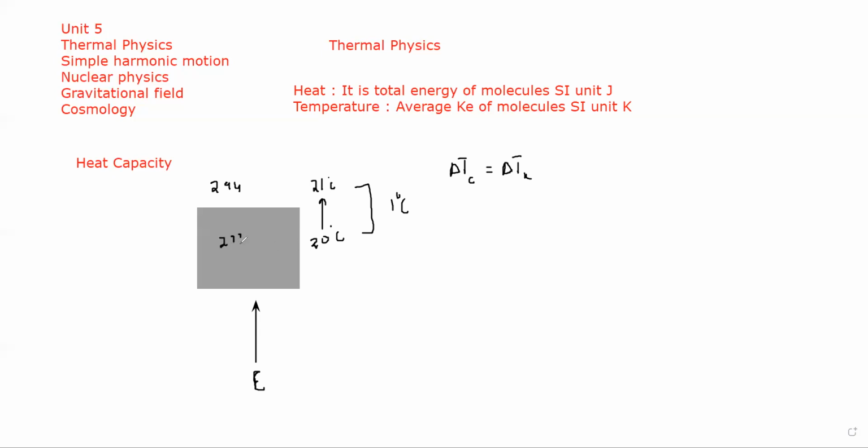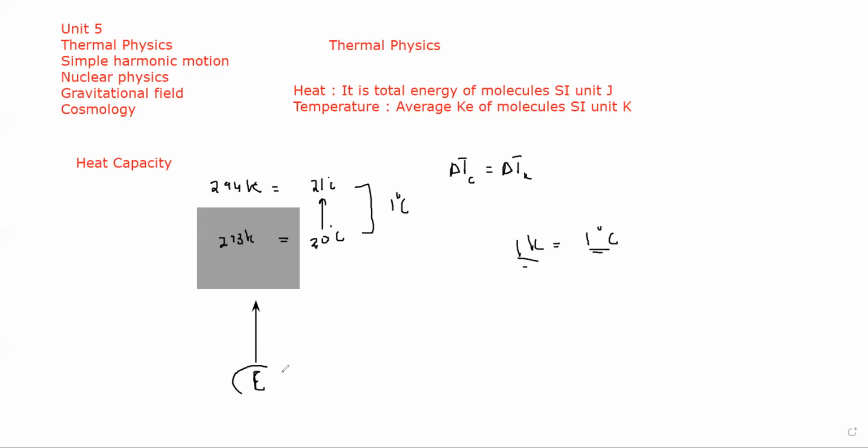So 293 Kelvin is equivalent to 20 degrees centigrade, and 294 Kelvin is equivalent to 21 degrees centigrade. So a change of 1 Kelvin is equal to a change of 1 degree centigrade or 1 degree Celsius.